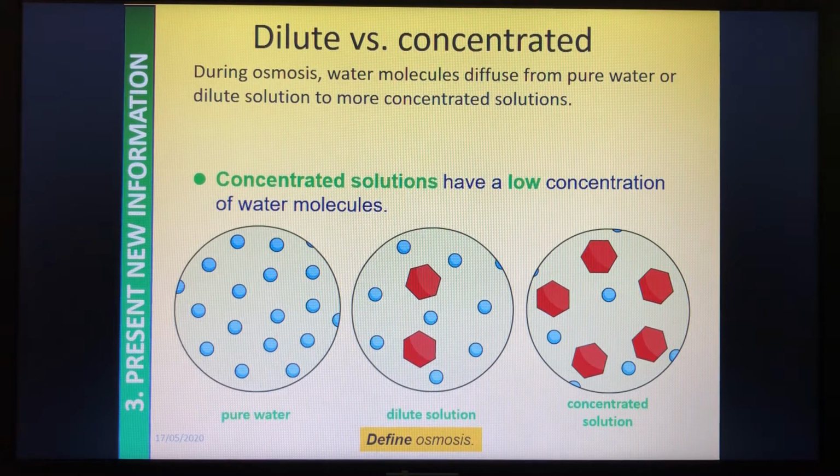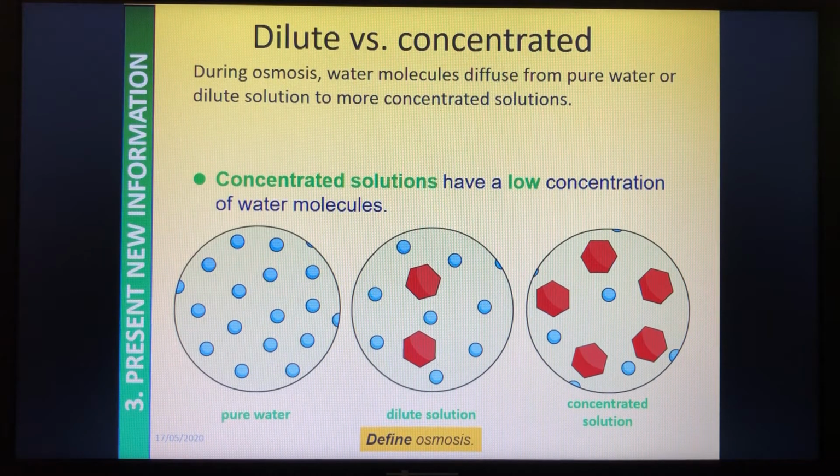That's why I favour the first method, but you could say that osmosis is the movement of water from a low concentration to a high concentration, and that concentration we're referring to is the concentration of the sugar or the salt that's in the water. Either way the exam board will mark you exactly the same.